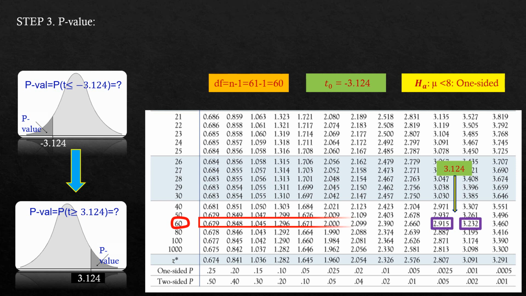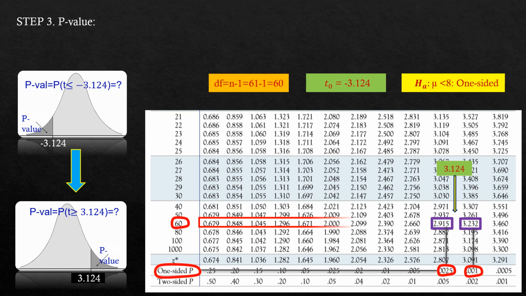It means 3.124 should be in between 2.915 and 3.232. Now go back to the alternative hypothesis, that is mu less than 8, which is one-sided. Therefore, go to the one-sided p-value. Once we have the one-sided p-value, the p-value corresponding to the above numbers should be 0.0025 and 0.001.